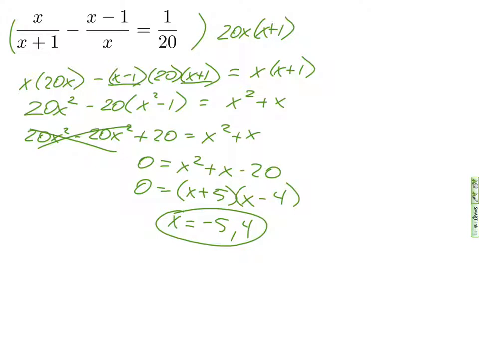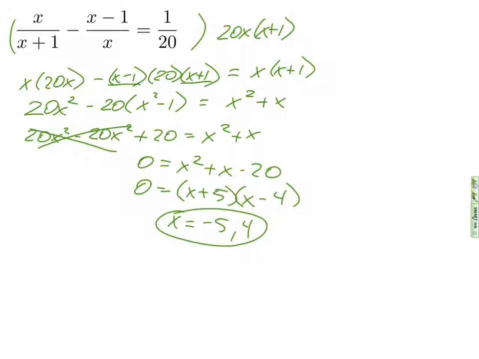That is solving rational equations. So when we're solving rational equations, what's the first thing we need to look for? Before we get a common denominator, what do we need to make sure of? What do we do on our third example? Right, we need to make sure everything is factored first. Make sure everything's factored. Get a common denominator.